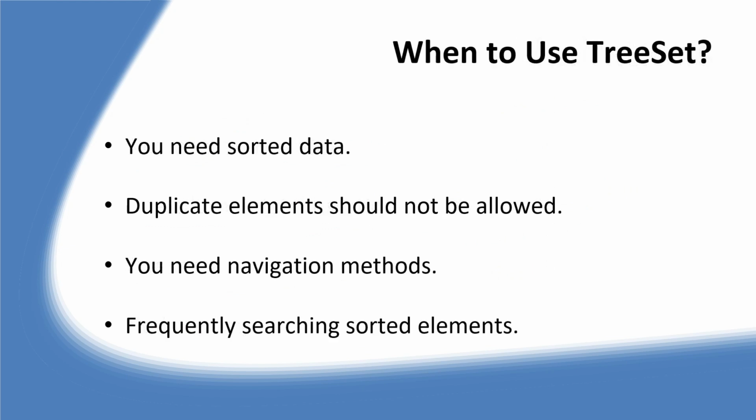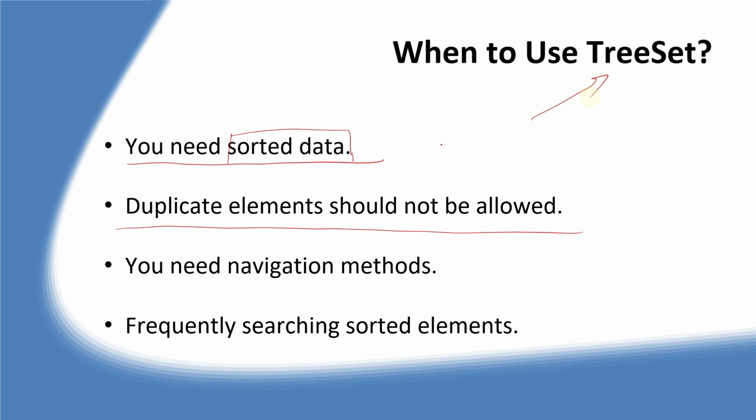Now, when will you use TreeSet? When will we choose TreeSet? When you need to store sorted data, you want to store your data always in sorted form, then you will go for TreeSet. And duplicate elements should not be allowed. That means whatever data is present in the TreeSet will be unique and sorted.